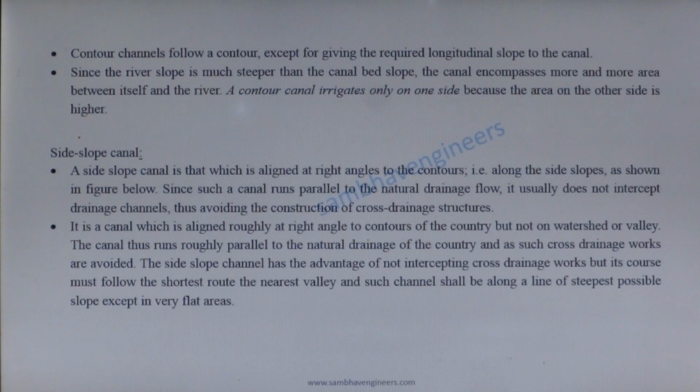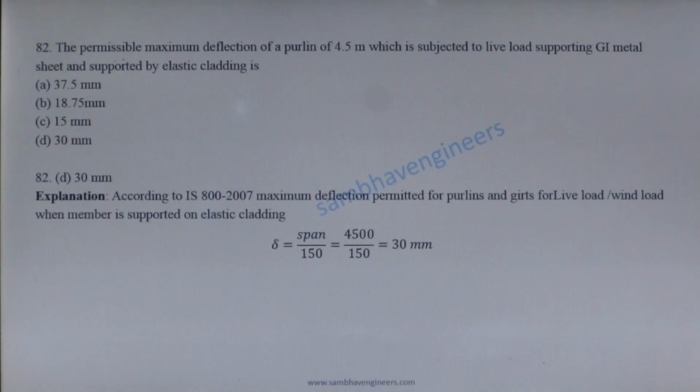Next question. The permissible maximum deflection of purlin of 4.5 meter, which is subjected to live load supporting GI metal sheet and supported by elastic cladding, according to IS 800:2007.